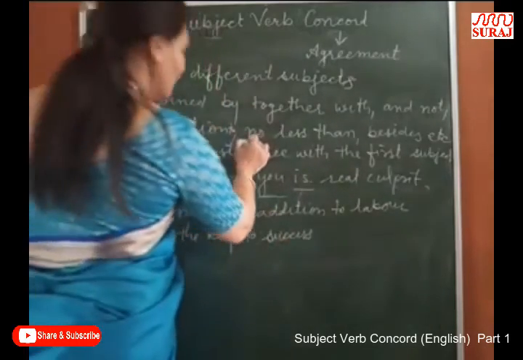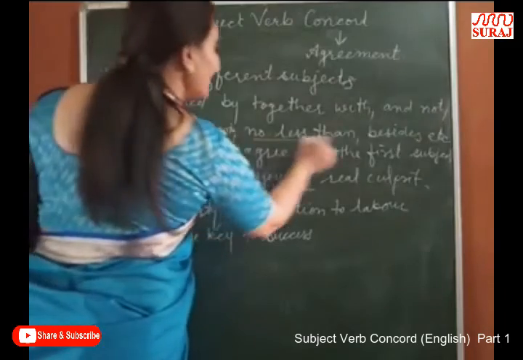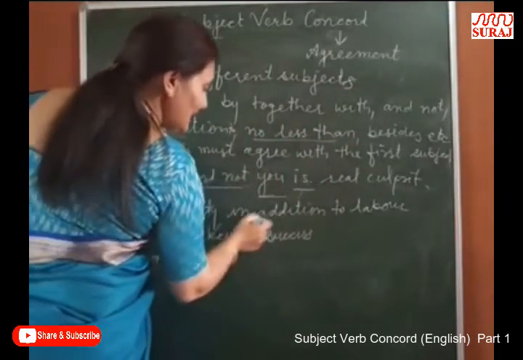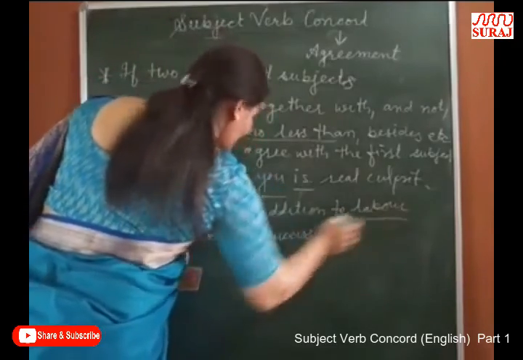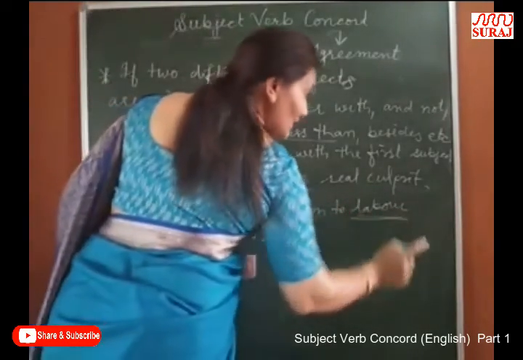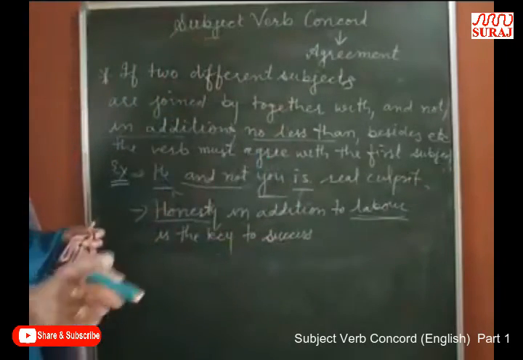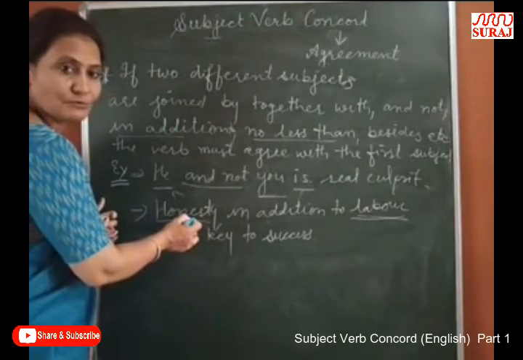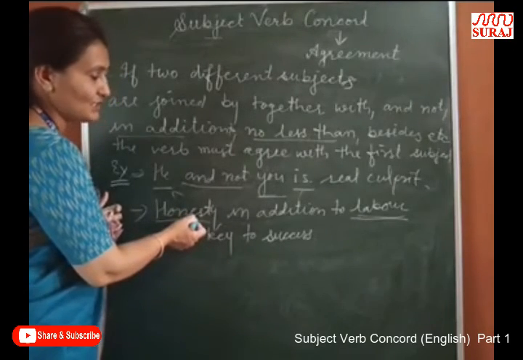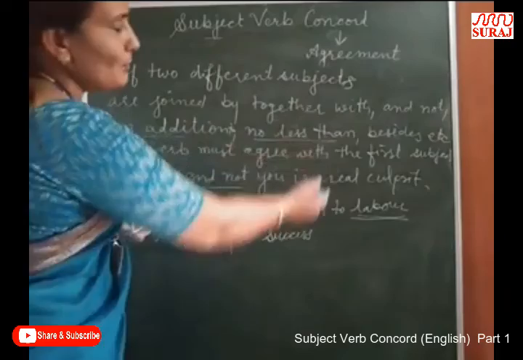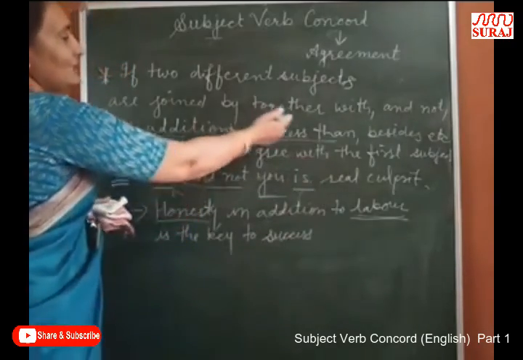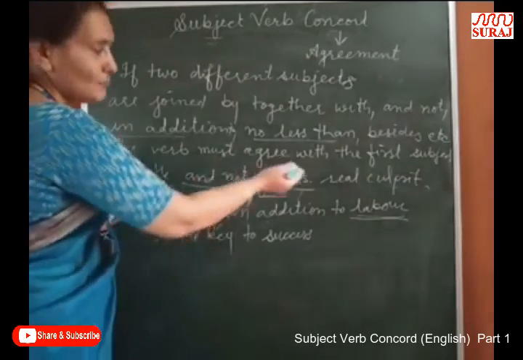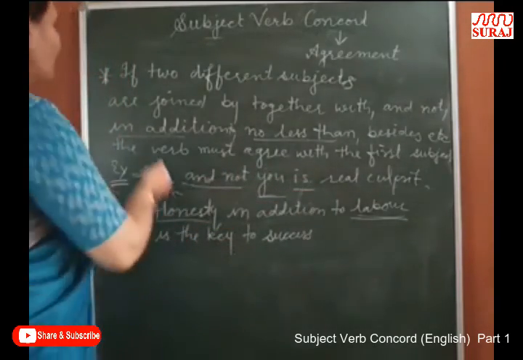I have written here in addition to, no less than. Here there are two different subjects, honesty and labor. There are two nouns, but the verb agrees with the first subject. Like this there are so many examples in which you will find these words, and you have to follow the rule: the verb must agree with the first subject.